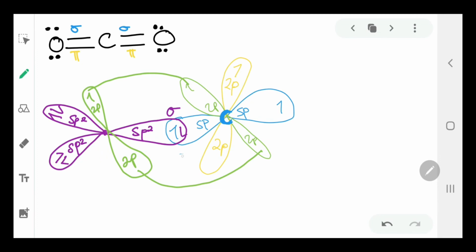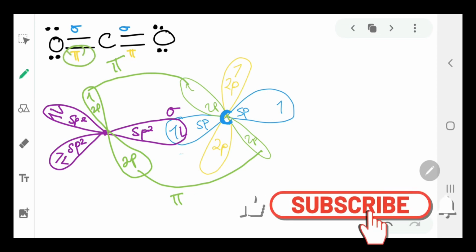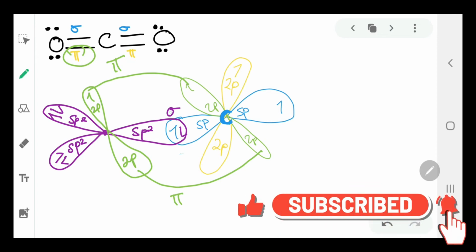You have 2 lines over here, but these 2 lines are not representing 2 pi, okay? You have one on the top and 1 at the bottom. So you need to draw top and bottom to show that 1 pi orbital, okay? So this one over here is for that one.